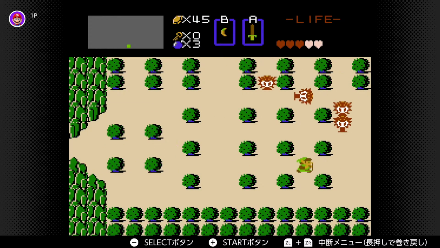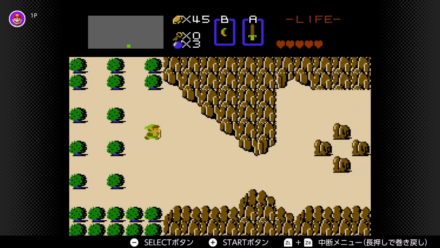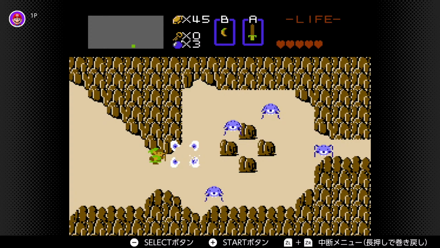Let's go this way. Let's see if I recall correctly, at the very least, that the second dungeon is this way. More or less.